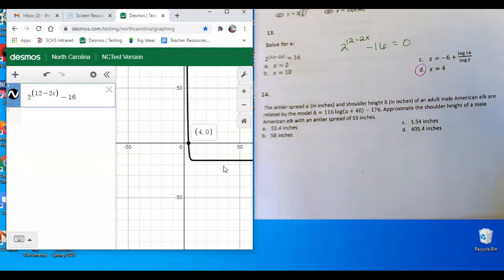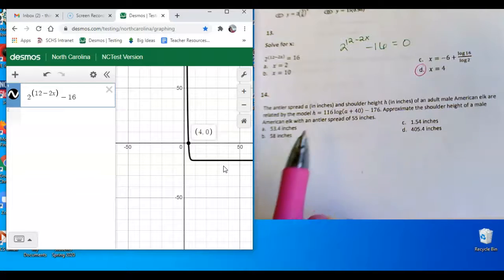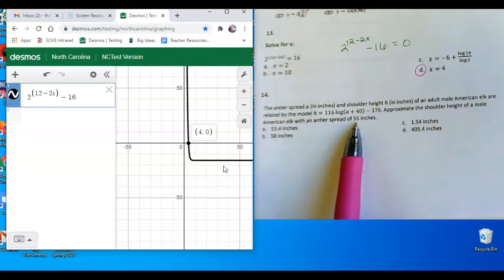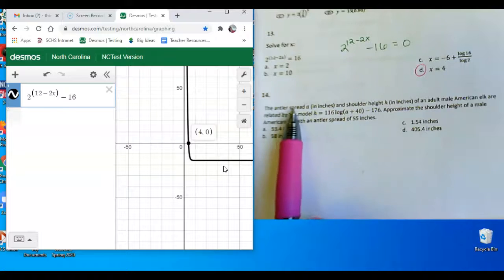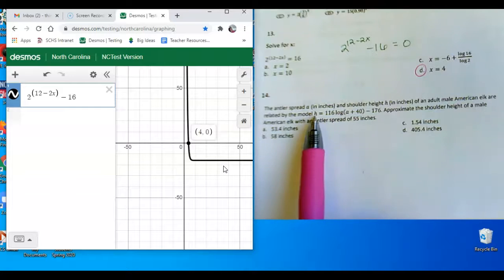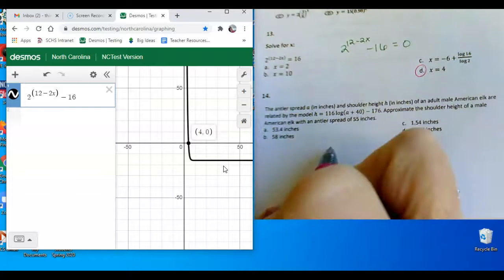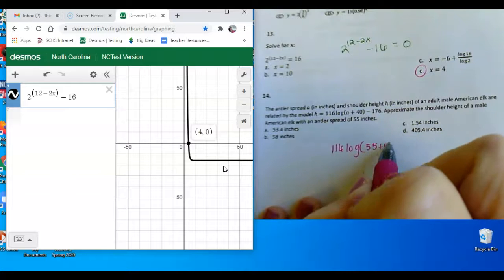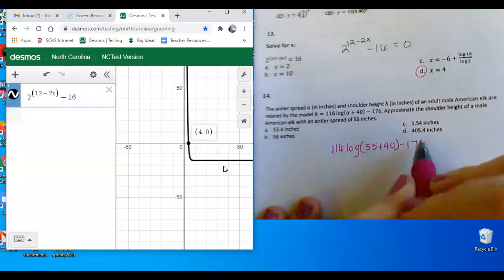Alright, number 14. The antler spread and shoulder height of an adult male American elk are related by the model given there. So this equation. Find the shoulder height of a male with an antler spread of 55. It tells me the antler spread is the A, and A is 55, so that means I'm just going to put a 55 right there, and I want to solve for H. So I'm going to put 116 log 55 plus 40 minus 176.